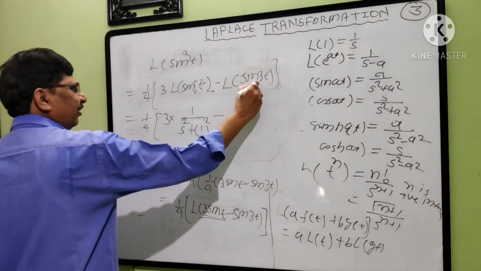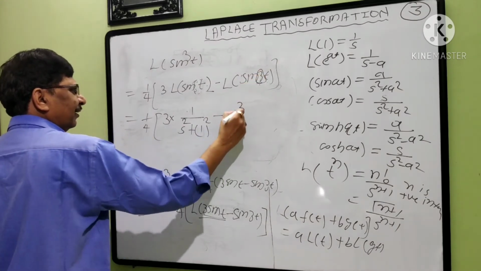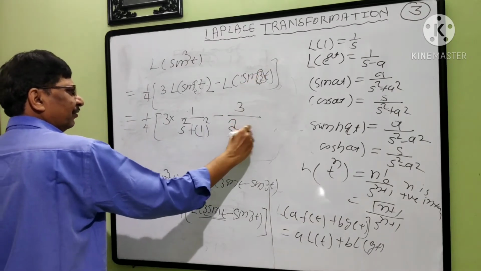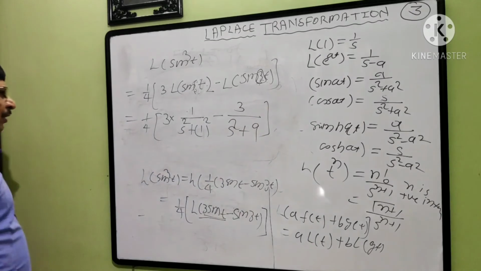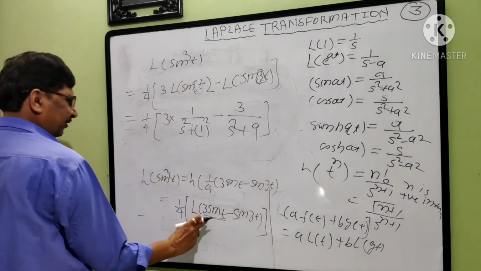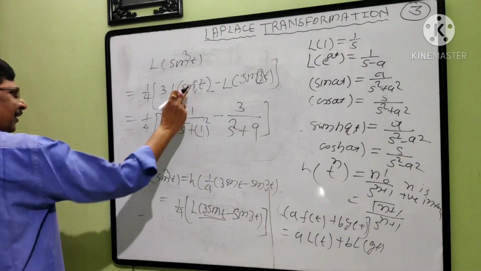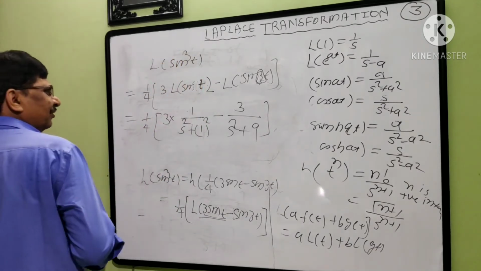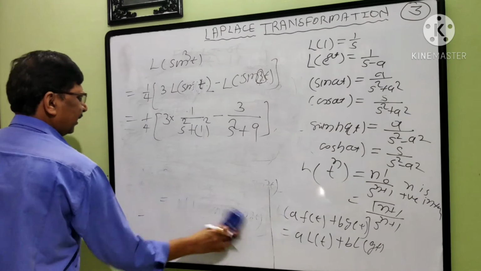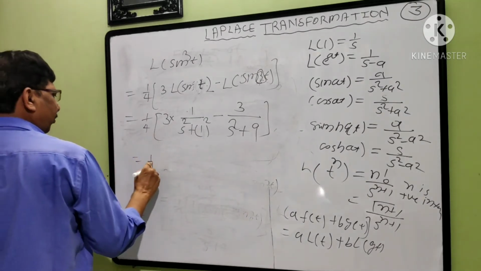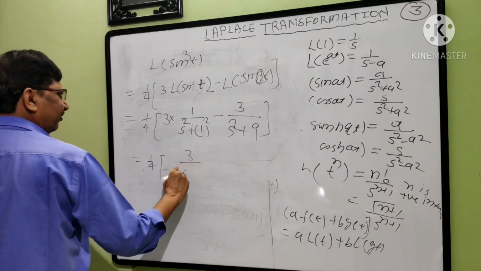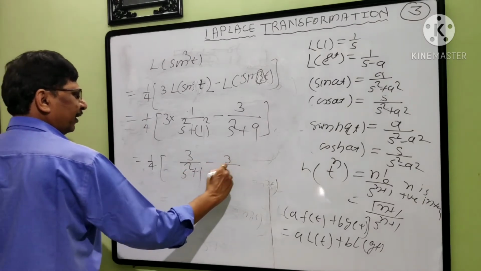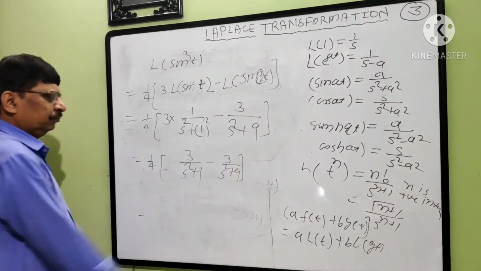For sin 3t, a is 3, so 3 upon s square plus 3 square, that is 9. Any doubt? Therefore the answer is 1 by 4 common, 3 upon s square plus 1 minus 3 upon s square plus 9.